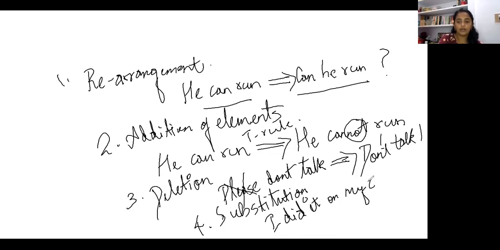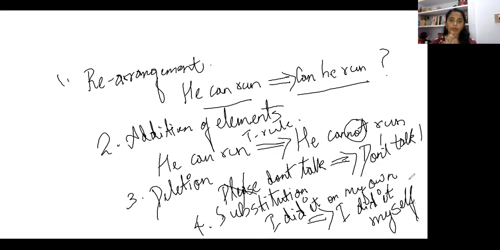When you apply the T rule, this has to be in one line, I'm just doing this because there's no space. Instead of saying my own, I can say, I did it myself. So I have substituted two words and added one word. That's how I was able to form a new sentence.